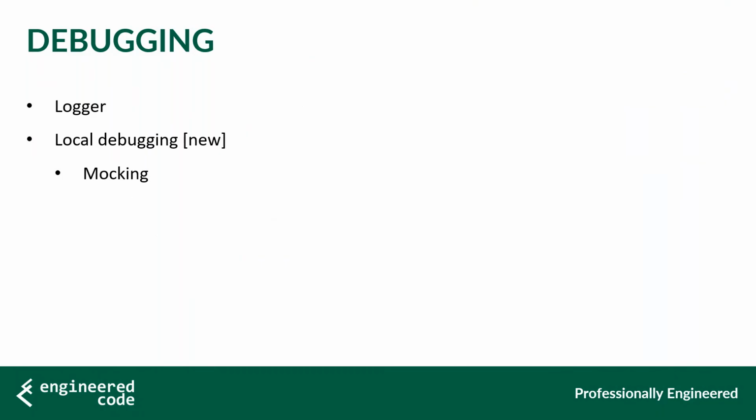If you're just looking to debug the logic of your code, there's actually an option to run the code locally on your own machine using VS Code Desktop. Now, let me show you, and I have this comment here about mocking, and I'll show you that as well.